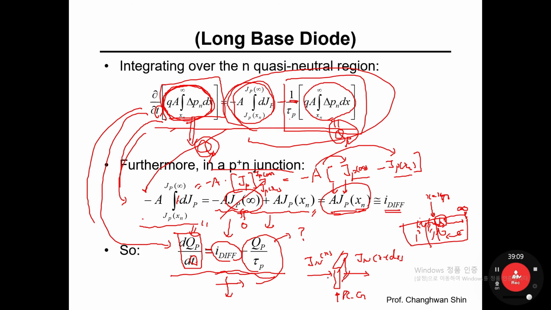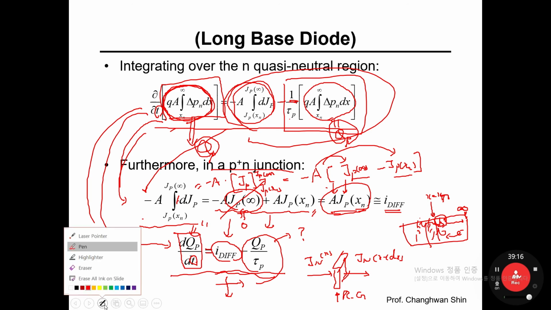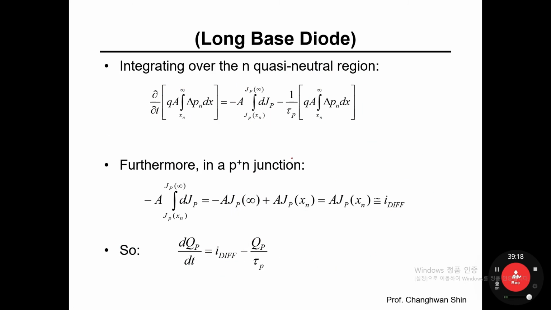Just for your information, and to help you better and more easily understand how the diffusion current is forming, let's do a fluid analogy. So here is a water faucet, and now the water is supplying into a big tank.